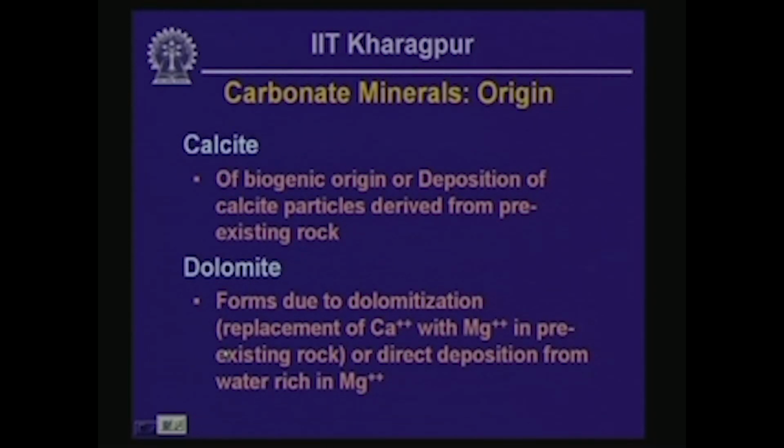What are the origins of carbonate minerals? Carbonate minerals have a biogenic origin, or calcite particles could be deposited from pre-existing rocks by the action of water. Water can solubilize calcium carbonate from pre-existing rocks and deposit it through an inorganic process, and that could also give rise to calcite rocks.